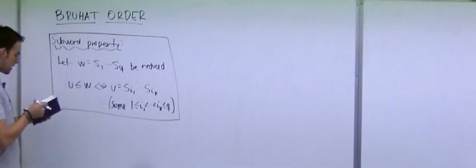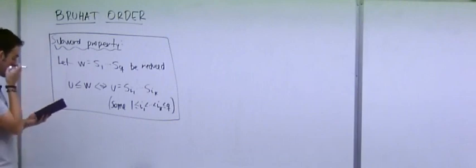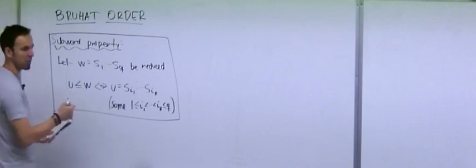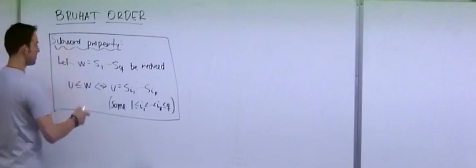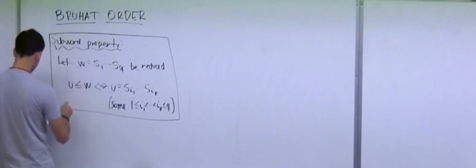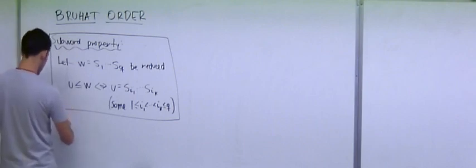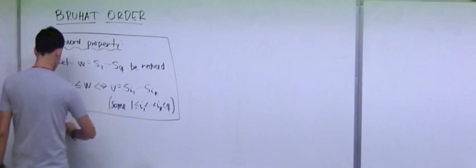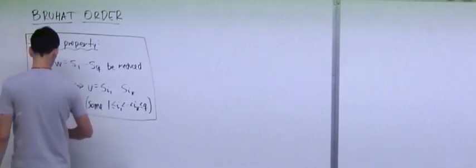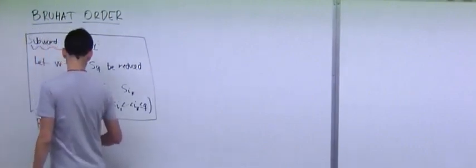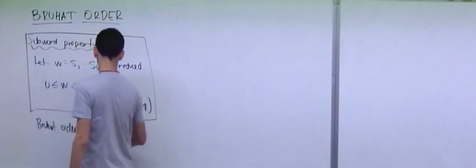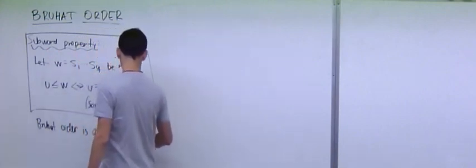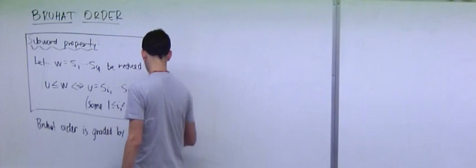And another thing that I proved last time is a very useful property that the Bruhat order is graded. I think I call that the chain property, but the Bruhat order is graded by length. Another very important thing to know.